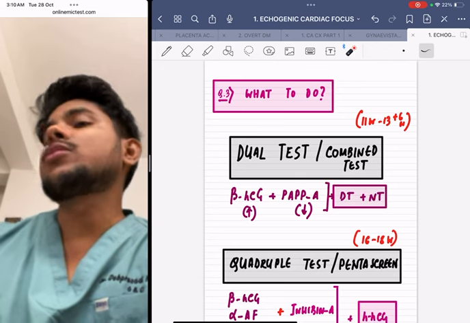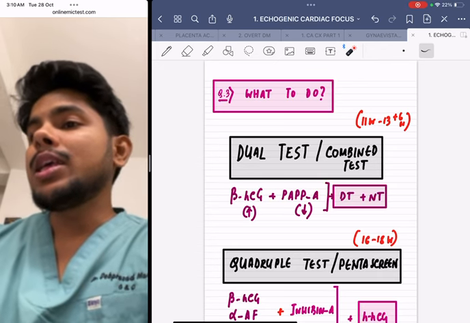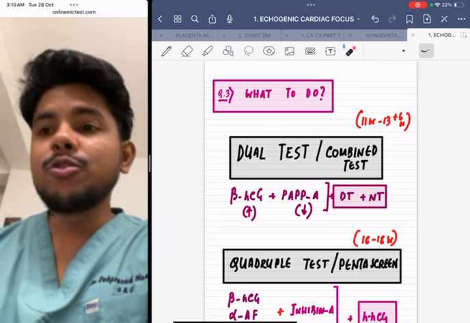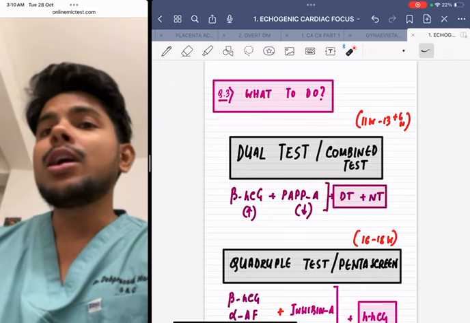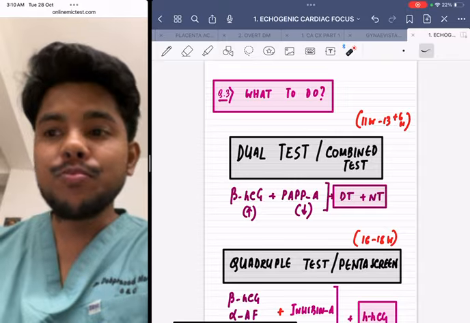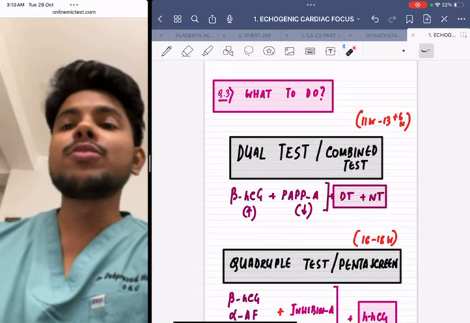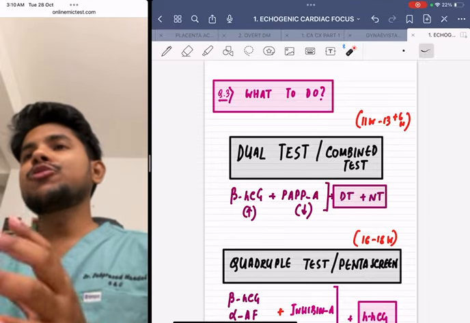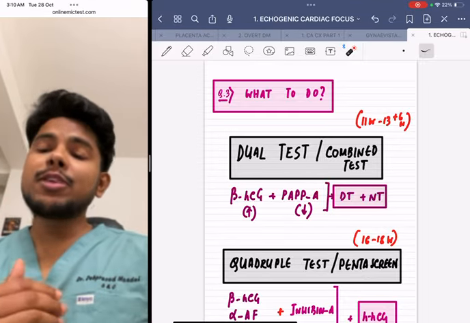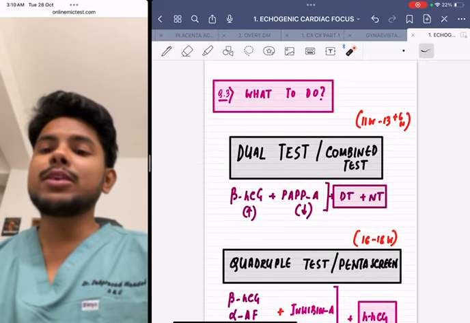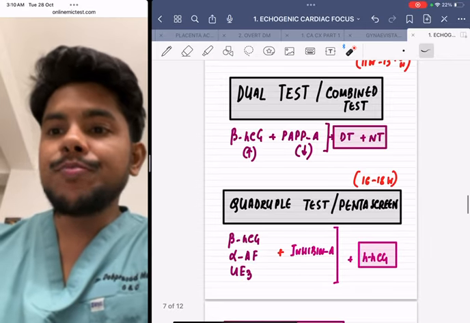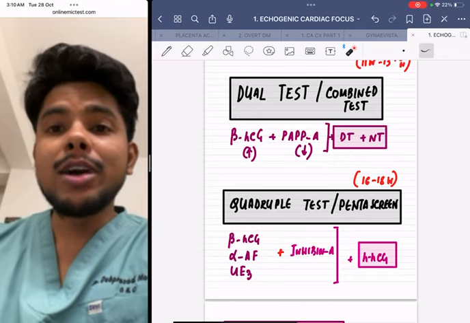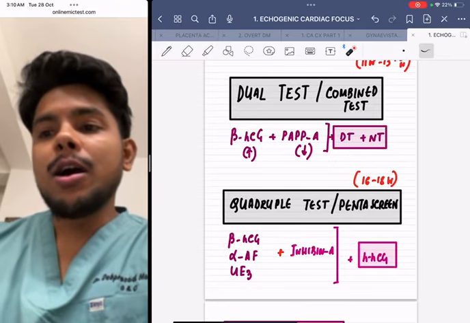In the first trimester, somewhere between 11 to 14 weeks, we do the combined test. We do a blood test along with ultrasound. We call it the NT test, popularly known as the nuchal translucency test. And if the patient is in the second trimester, somewhere between 16 to 18 weeks, we can do the triple test, which combines beta HCG, alpha fetoprotein, and unconjugated estriol.